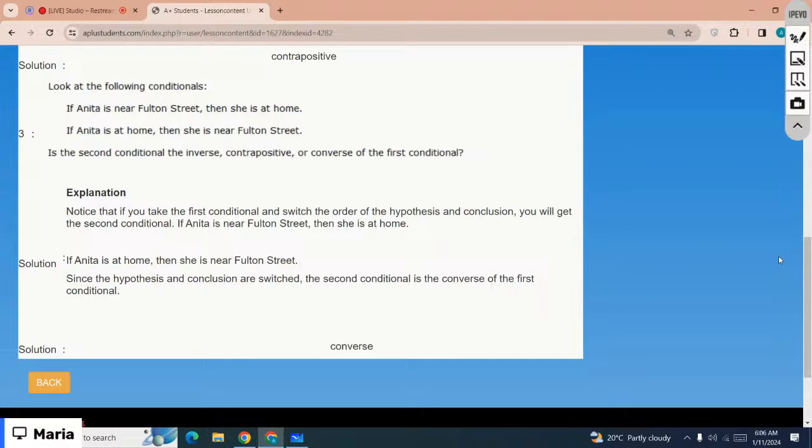Basically, the hypothesis and conclusion are switched, right? The second conditional is the converse of the first conditional, that is the converse.